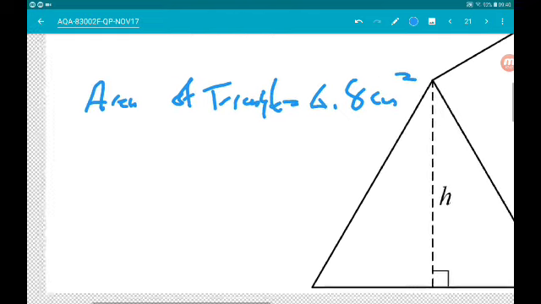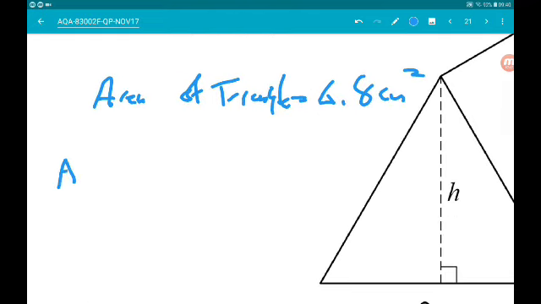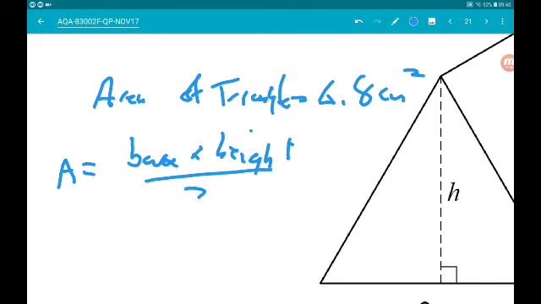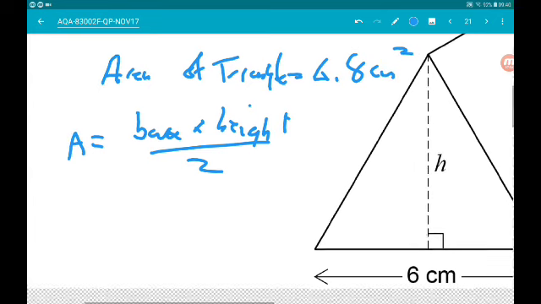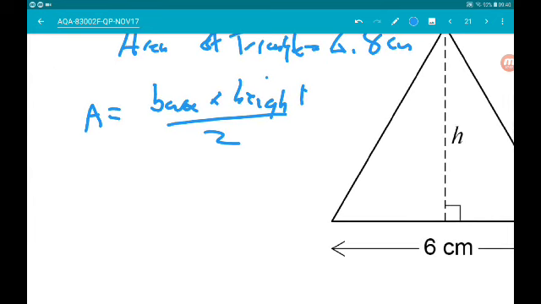We know the area of a triangle is base times height over 2. So we know the area is 4.8. So 4.8 is equal to the base, which is 6, times the height over 2.